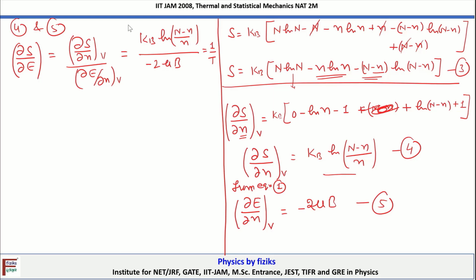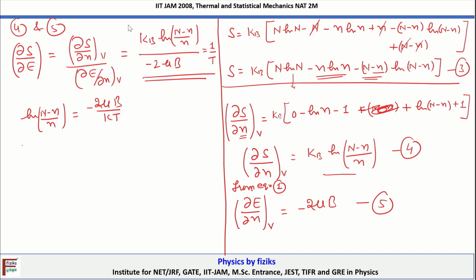So after rearranging all these terms, we obtained ln of (N minus n) upon n is equal to minus 2 mu B upon kT.